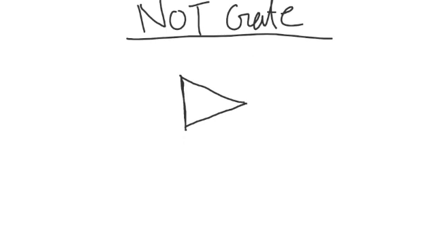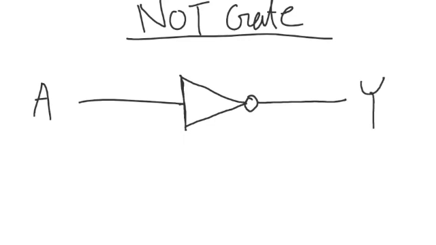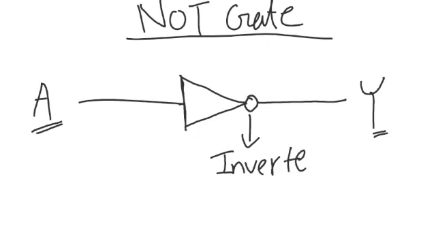There is a bubble, which is called the inverter. The NOT gate only has 1 input and 1 output. A is the input and Y is the output. So this bubble is called the inverter. Whenever there is a bubble, there's gonna be a change in the equation, which I'll talk about later.